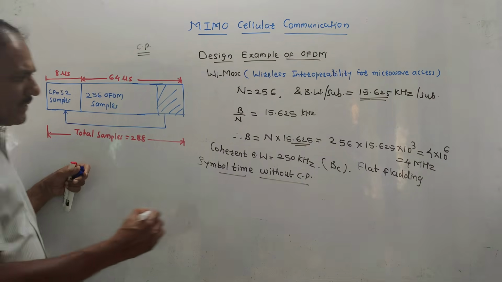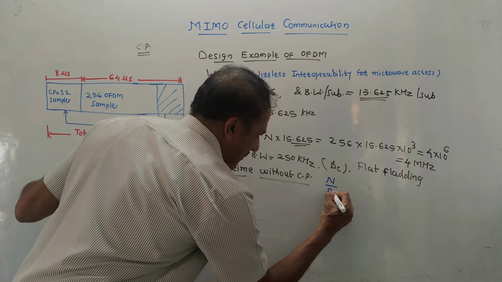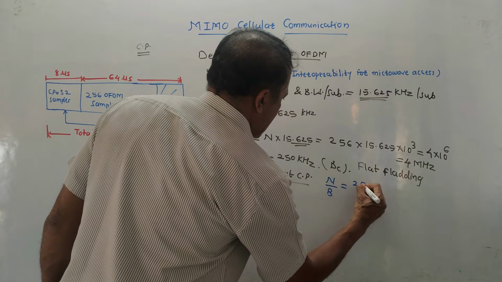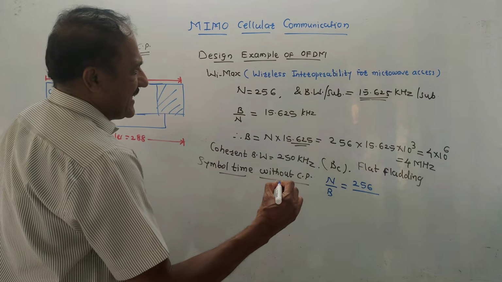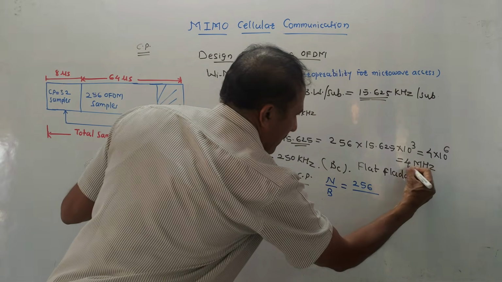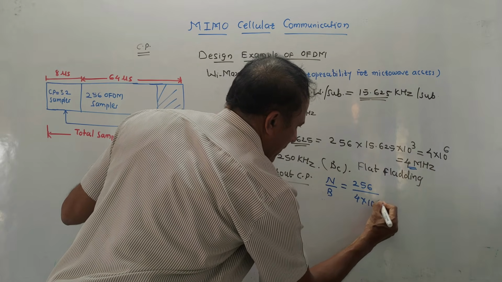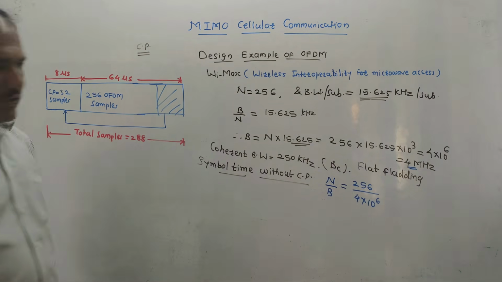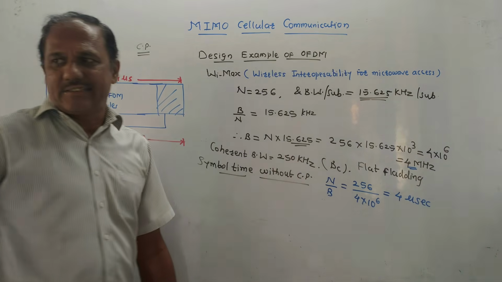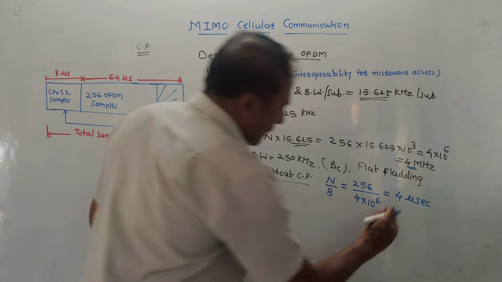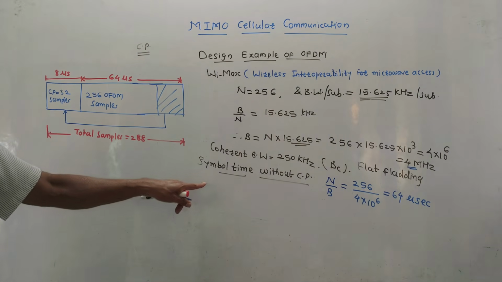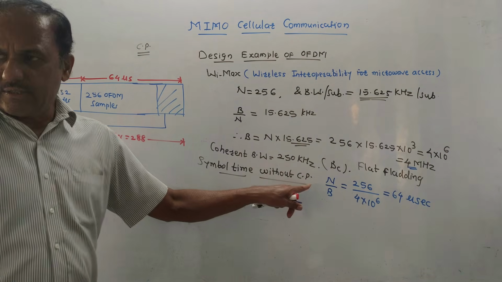So without CP, the symbol time is given as N by B. Now we have both the values of N and B. N is the number of subscribers, that is 256, and the value of B we have just calculated, that is 4 megahertz, so it is 4 into 10 raised to 6 hertz. If you calculate this value, it comes to 64 microseconds. This is the value of the symbol time without CP.